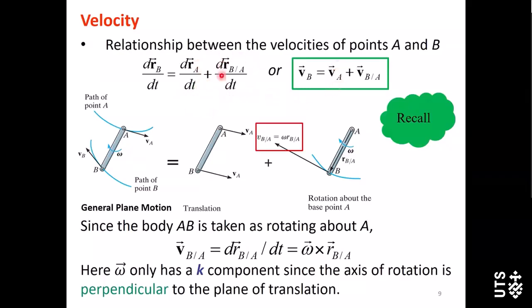And the second item on the right side will give us vBA, the velocity at point B with respect to point A. And this item, vBA, can be expressed using the angular velocity of this rod AB cross product the vector rBA.